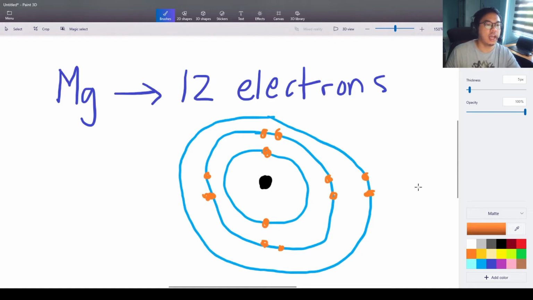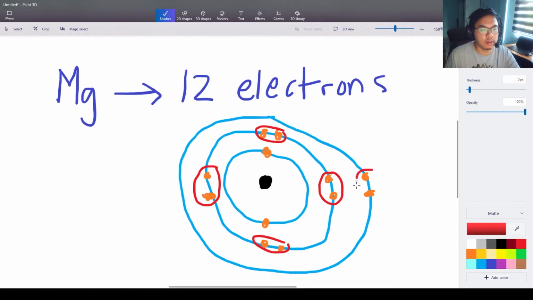Now you have 12 electrons there. You can stop, and that's the correct drawing of the atomic structure of magnesium. Bear in mind, when you are drawing this, make sure the electrons are in pairs. These two are in pairs, right here.